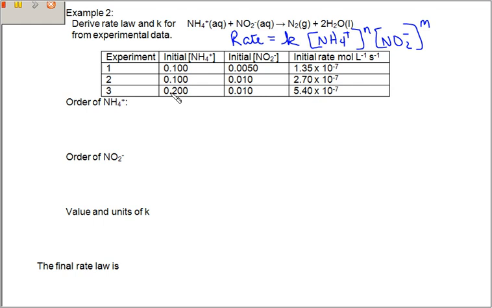So what we're going to do for the ammonium is find where the ammonium is changing but the nitrite ion concentration is remaining constant. So that's experiments 2 and 3. We always choose the larger value to go on top, so we're going to do rate 3 over rate 2.